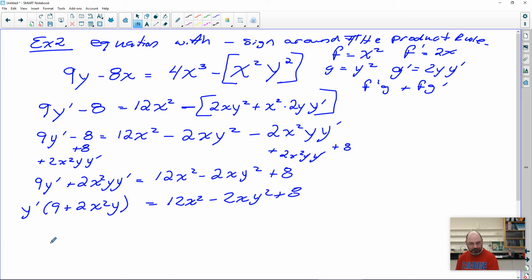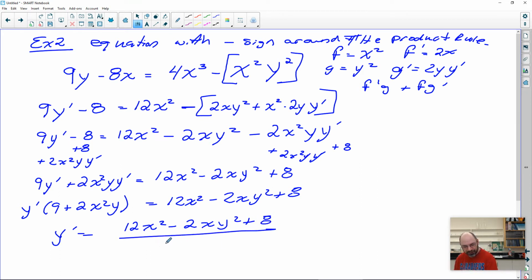And we just divide it out. Y prime is then going to be equal to 12x squared minus 2xy squared plus 8 over 9 plus 2x squared y.